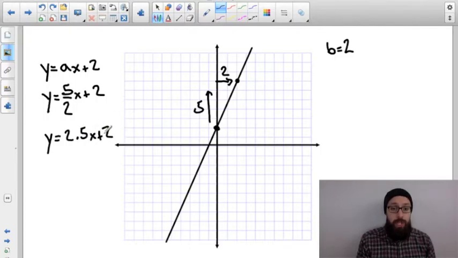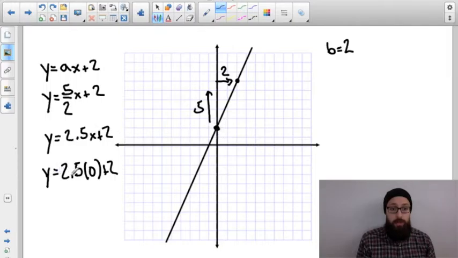Now we can also check our rule. So we can say, all right, y is equal to 2.5 times 0 plus 2. So when x is 0, what's y?